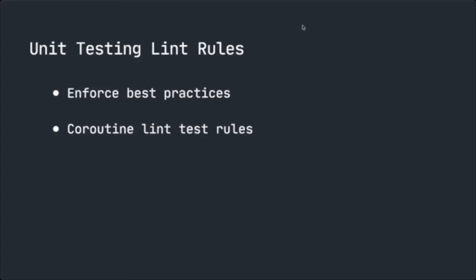Another thing is to set up coroutine test rules, such as providing an empty context, for example, and there are a number of coroutine test rules that you could set up. Another one is setting up good practices like not mocking data classes. A good example is that Slack has a repo called Slack lints, which has lots of examples of these types of lint rules that you could use.